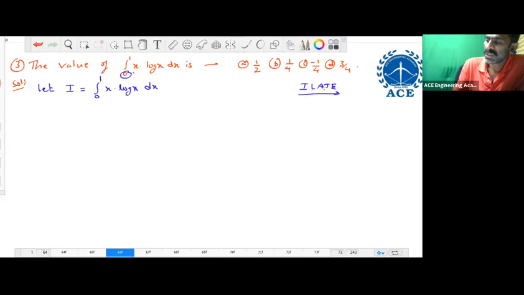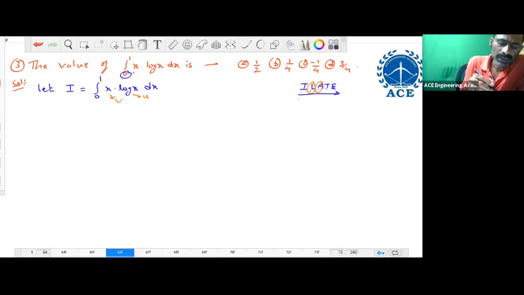E stands for exponential, T for trigonometric, A for algebraic, L for logarithmic, I for inverse function. Here we have the logarithmic function and the algebraic function. From left to right, logarithmic is first, algebraic is second function. This is U, this is V.